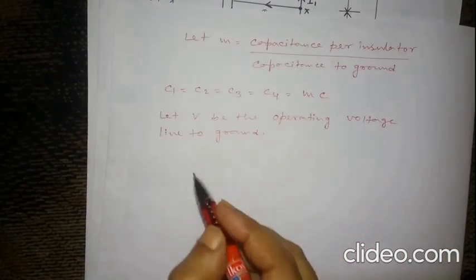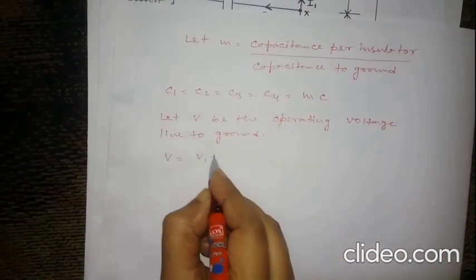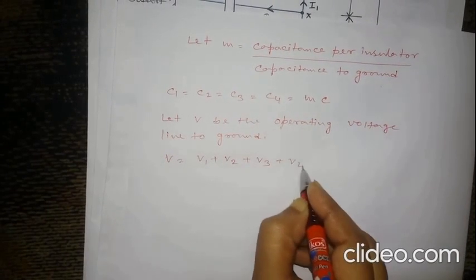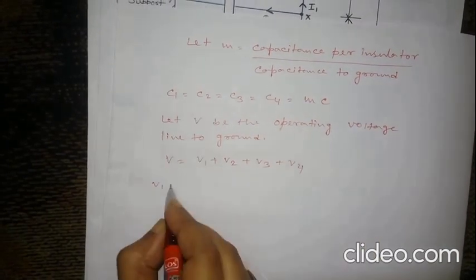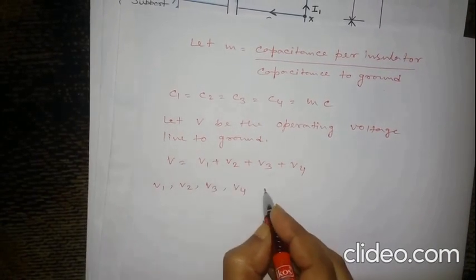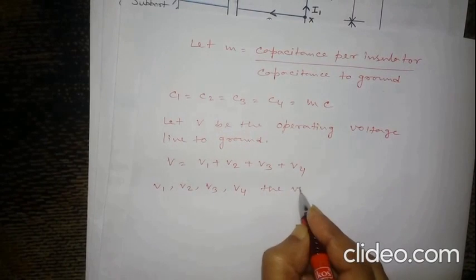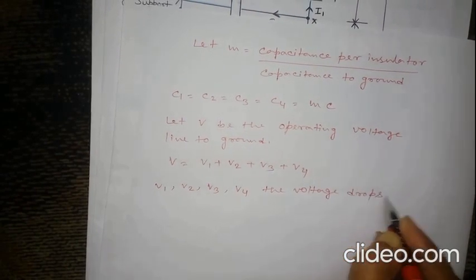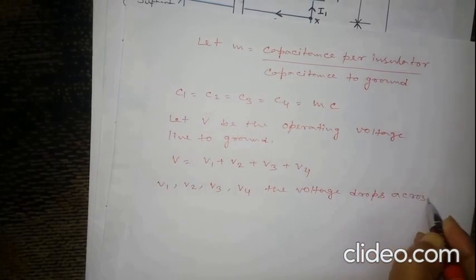So we can write V equal to V1 plus V2 plus V3 plus V4, where V1, V2, V3 and V4 are the voltage drops across the units.